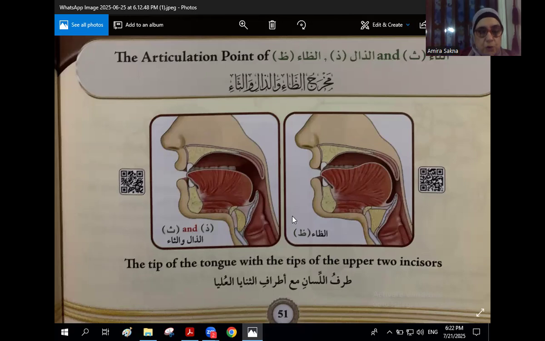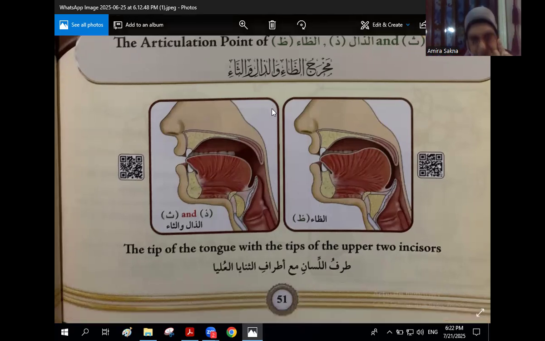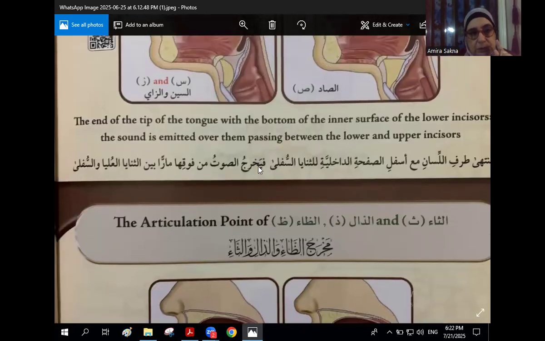Do not go forward, no, or backward, no. Tip with the tip. We say tip, not the end of the tip. Pay attention. Pay attention. This is very important.